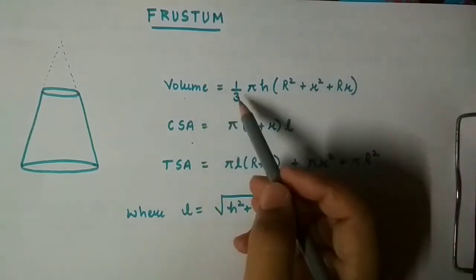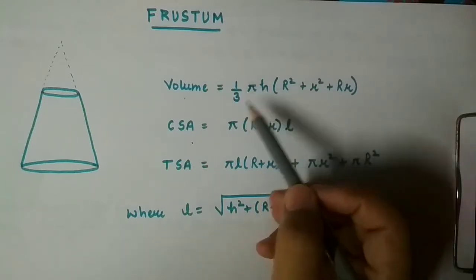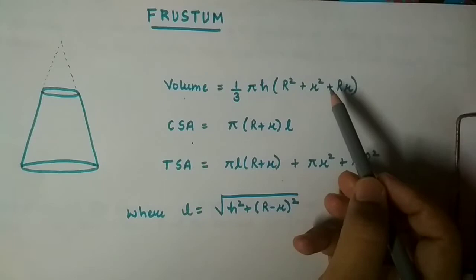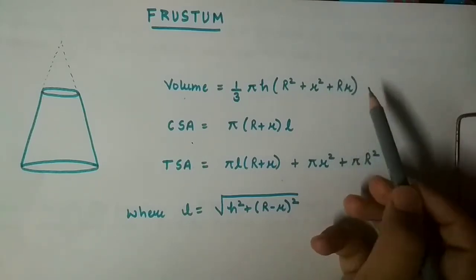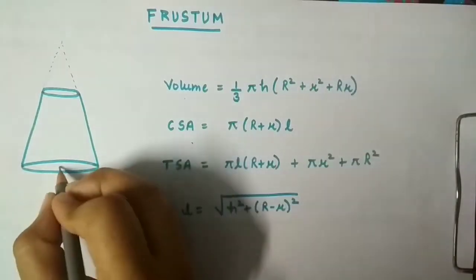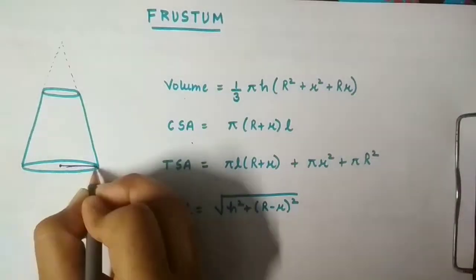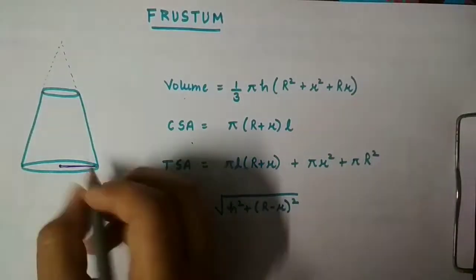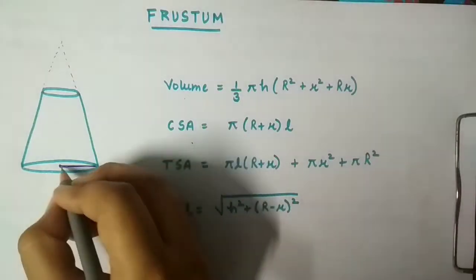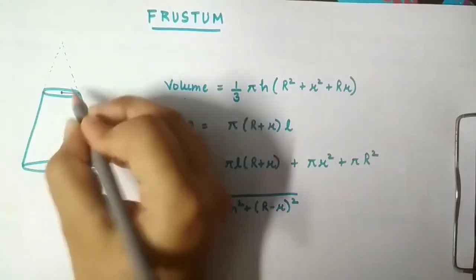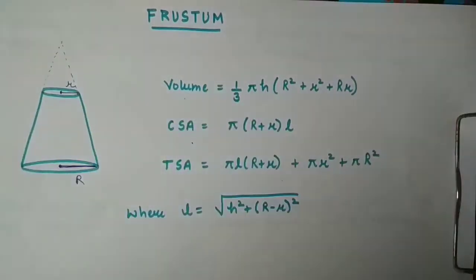So volume of frustum is given by 1/3 pi h in bracket R square plus r square plus R into r. Here capital R is the radius of the larger base. Okay, means this is capital R and this is small r.